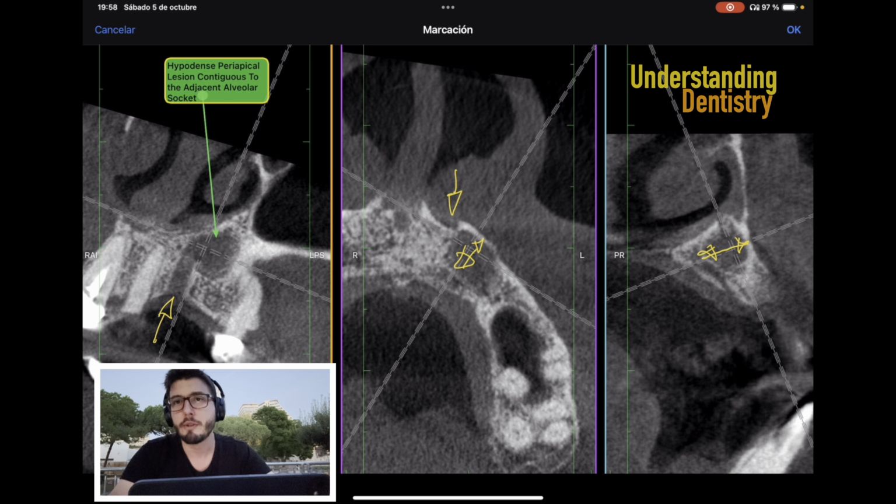So the first hypothesis of radiographic diagnosis will be, of course, radicular cyst, but there is no tooth, right? So what happens here? The tooth was extracted, but the cyst was not enucleated, the cyst was not removed, and now the cyst doesn't go away.